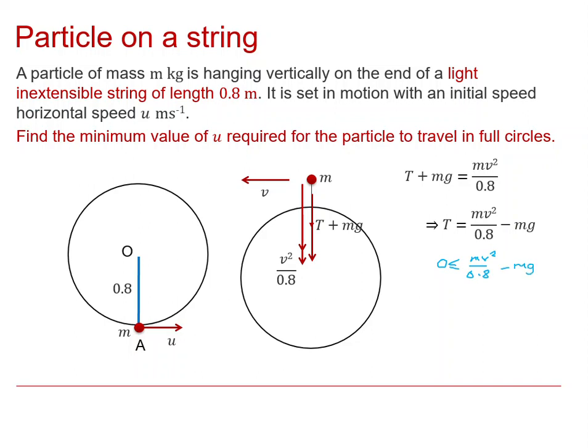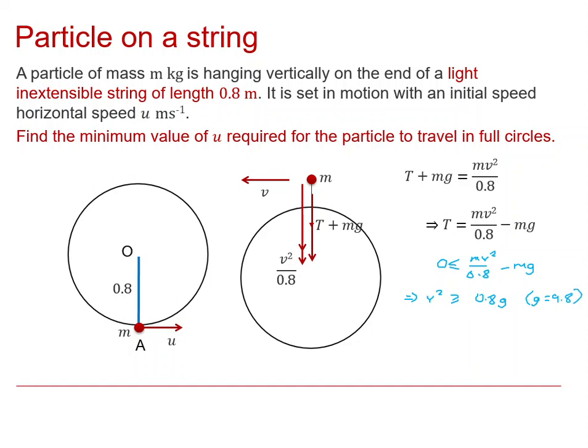In that inequation we can divide by the positive quantity m and multiply by 0.8, so we end up saying that v squared is greater than or equal to 0.8 times g. And we know that g is 9.8, so that will immediately give us a number.